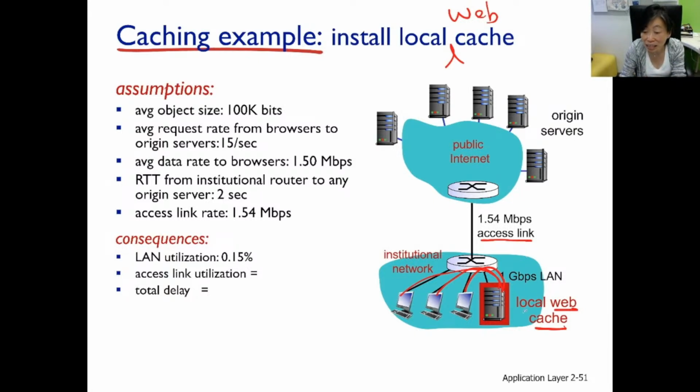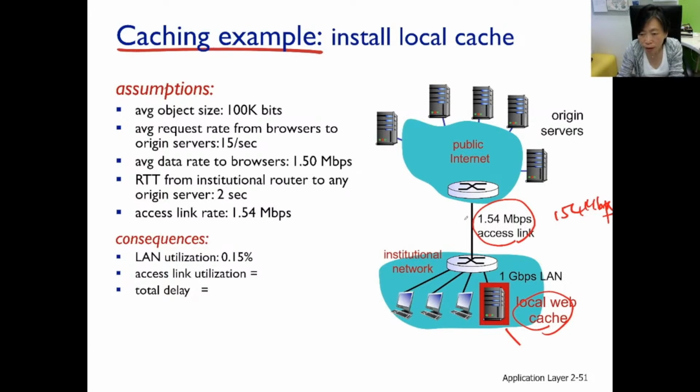We are only slightly local here. Everything else stays the same. All we did is install the machine. Now, if I ask you, changing this to 154 megabits per second versus adding a server machine, which one is more expensive?